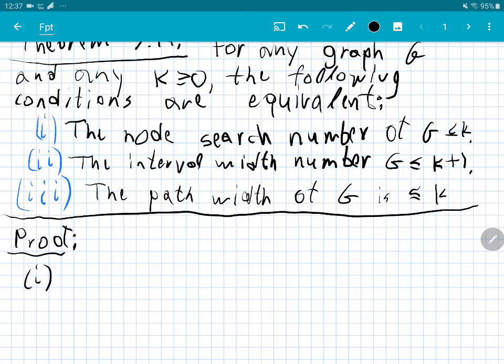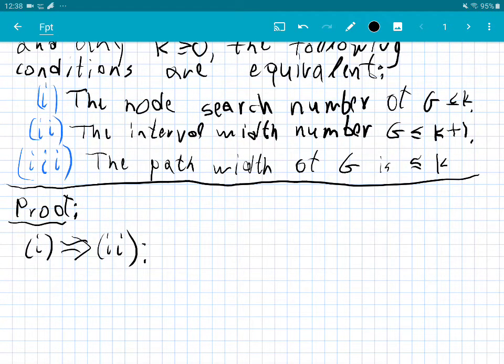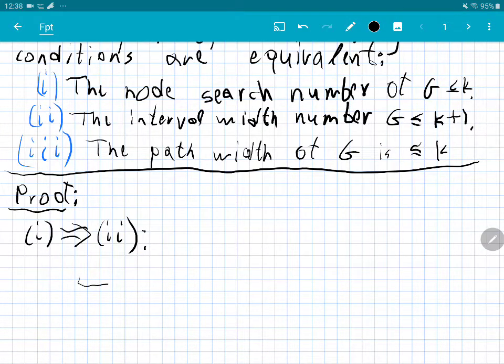So 1 to 2, right? So the claim by Lopakhin says, okay, take this schedule of decontaminating the graph using k guards, and we now are assured that no edge gets recontaminated, right? So we can really think about it as a sweeping process, right? In particular, you can think about every guard, right? You can number the guards as you move them, and for every vertex, you can look at when it was occupied by a guard, right?